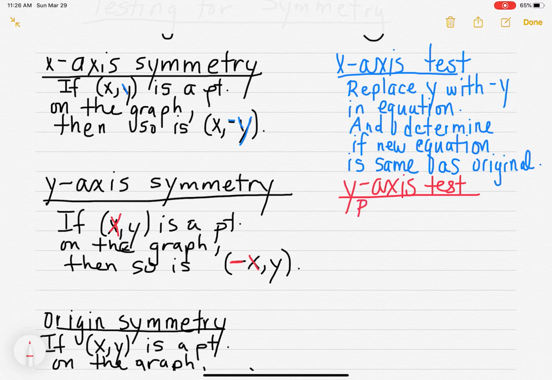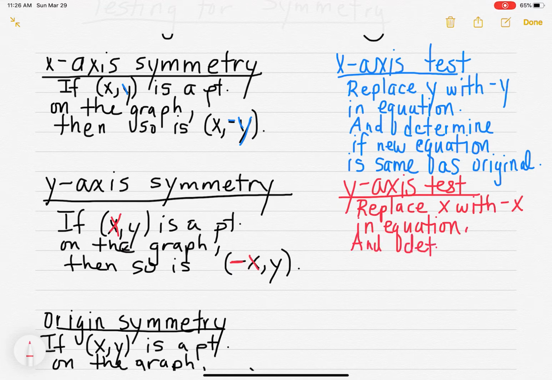I'm going to say replace x with negative x in the equation, and determine if the new equation, that's the one with the negative x in place, is the same as the original equation.